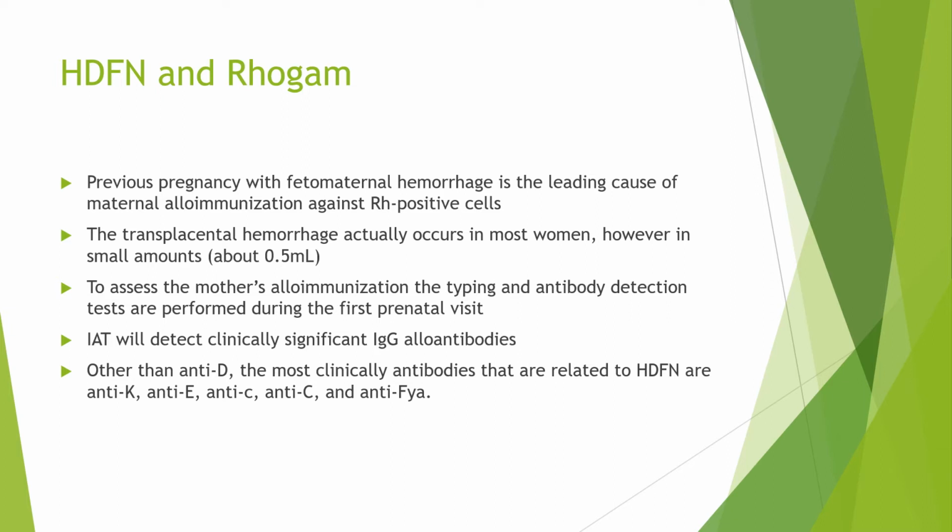The test that is performed on the mom is an indirect anti-human globulin test to detect any clinically significant IgG alloantibodies. Besides the anti-D, the most important are the anti-K, anti-E, anti-little c, anti-big C, and anti-Duffy A.